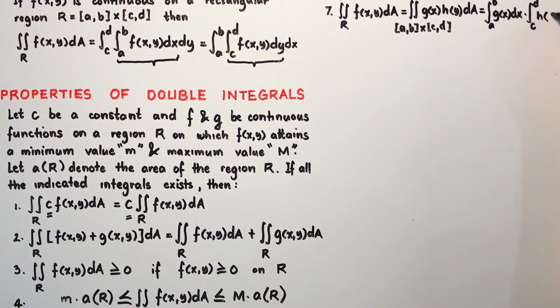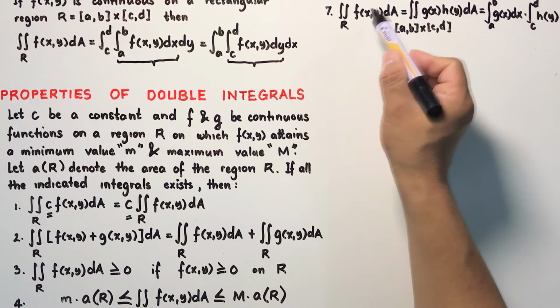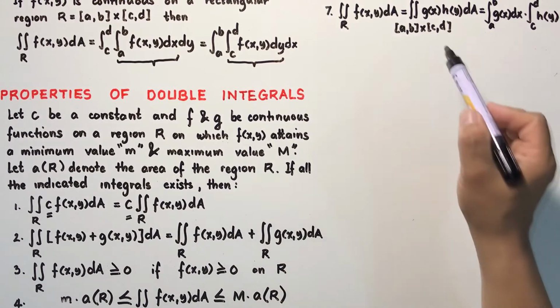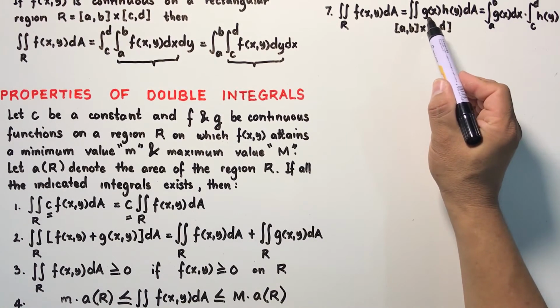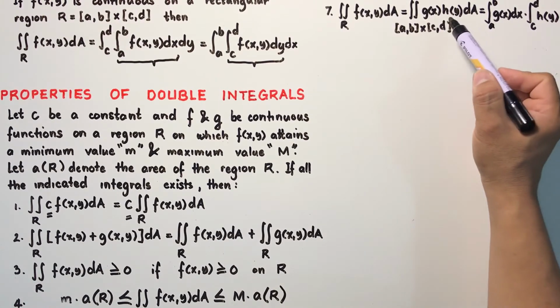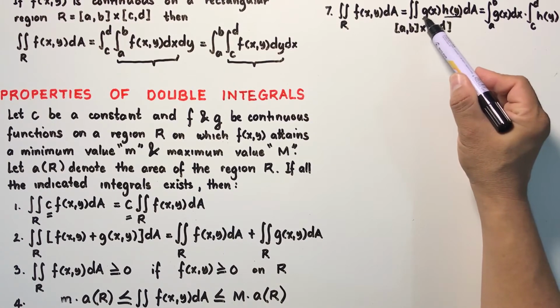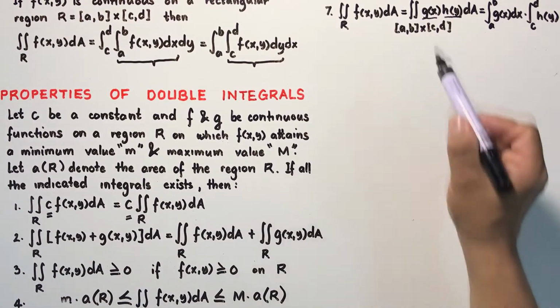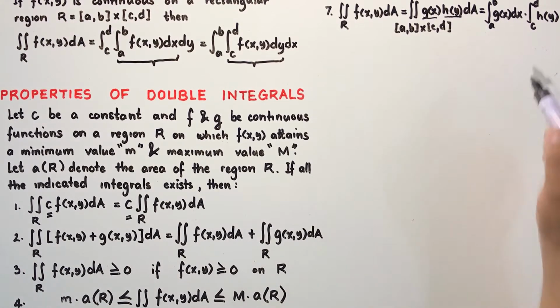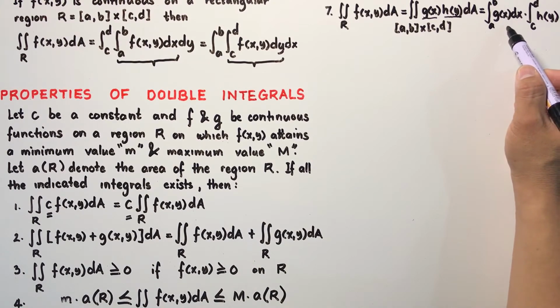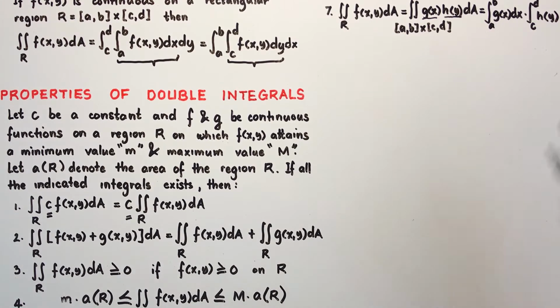our h of y dy. This means that if you can factor your f into a product of two functions, wherein the first function is in terms of x alone and the second function is in terms of y alone, then the double integral of this product is equal to the product of the individual integrals, wherein we take the integral of g in terms of x with respect to x times the integral of h with respect to y from c to d.